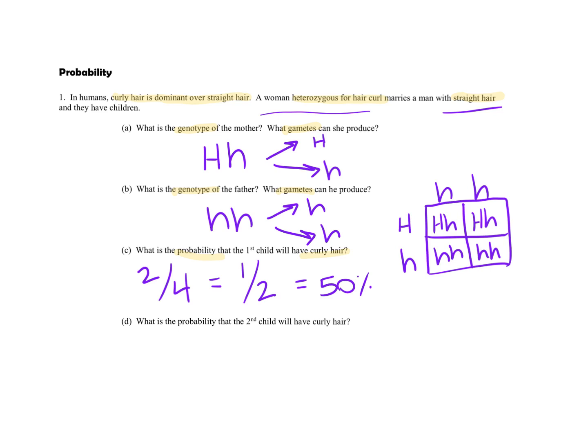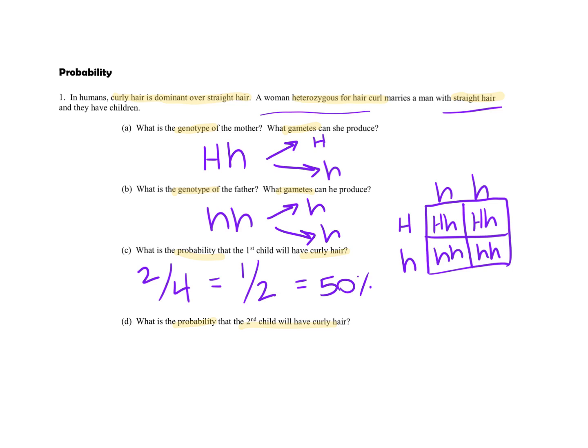Now, this last part says, what is the probability of the second child having curly hair? Now, this is here to trick you, especially because they said first and second. What they're trying to trick you into thinking is, kind of like we said before, oh, well, if one of the kids has curly hair, then one of these goes away, and now there's only one left, kind of, right?